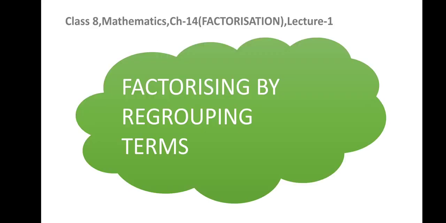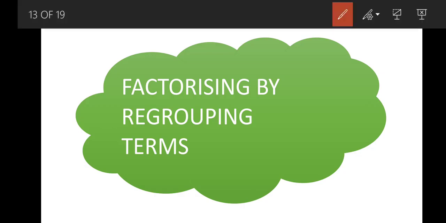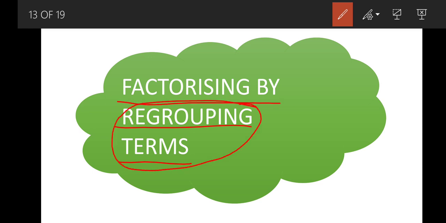Now coming to the second method, that is factorizing by regrouping terms. As the name indicates, you need to factorize the algebraic expressions by regrouping the terms. Regrouping means you make groups of certain terms with other terms.